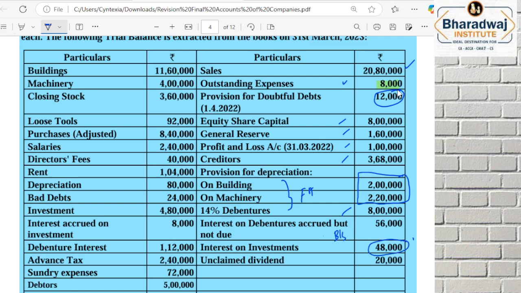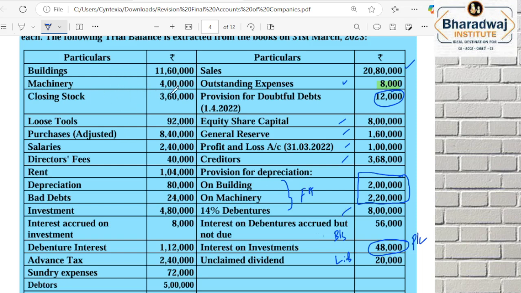This income will come in P&L account. Unclaimed dividend is a liability. Interest on debentures accrued but not due, that will go to balance sheet, of course. It's payable, a liability.